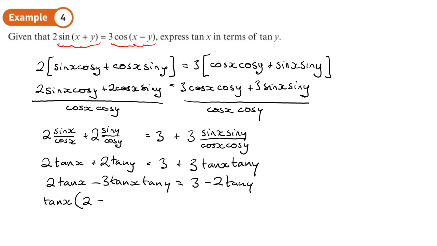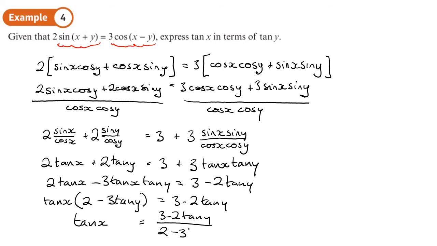So you'll have tan x times 2 minus 3 tan y equals 3 minus 2 tan y. Last step, divide both sides by the bracket. So we'll end up with 3 minus 2 tan y over 2 minus 3 tan y as our final answer.